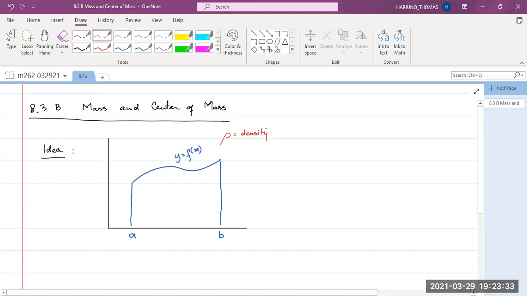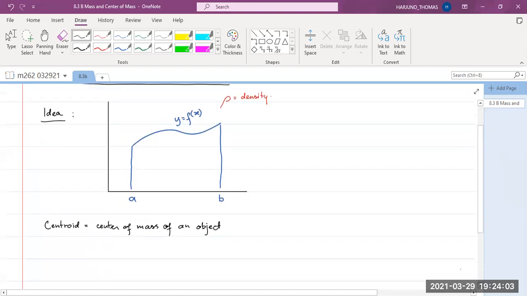Okay, now here we will talk about a centroid. The word centroid means the center of mass of an object with constant density.